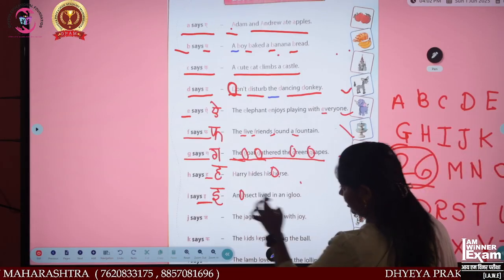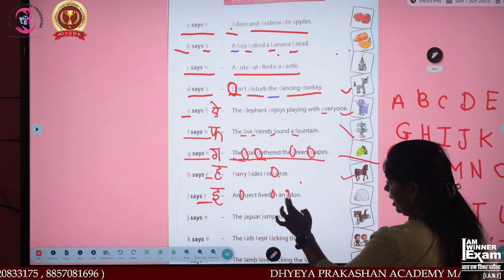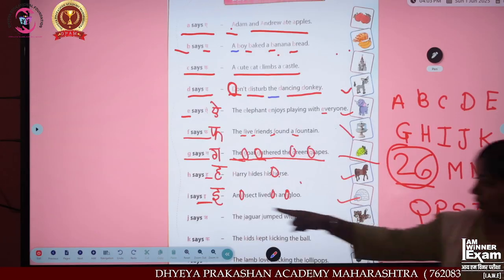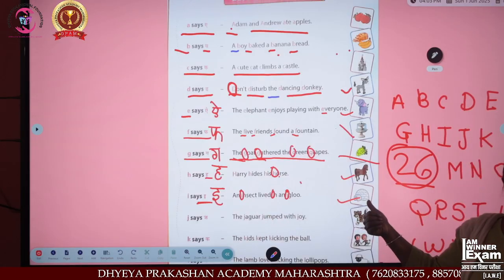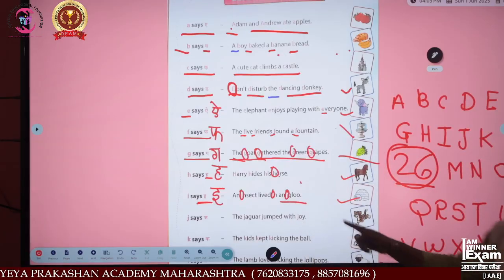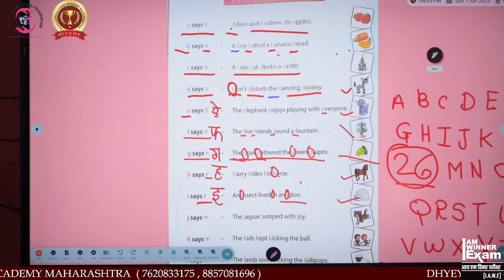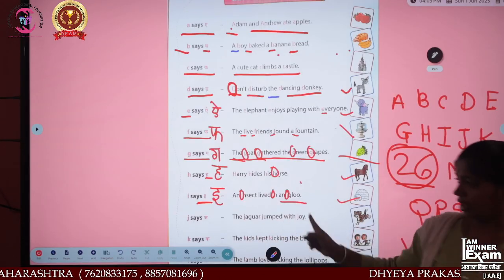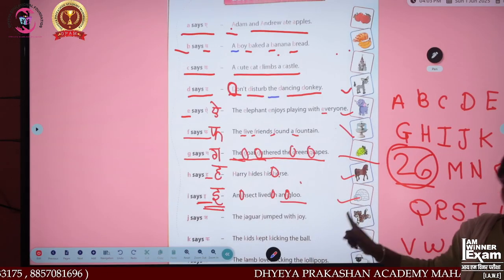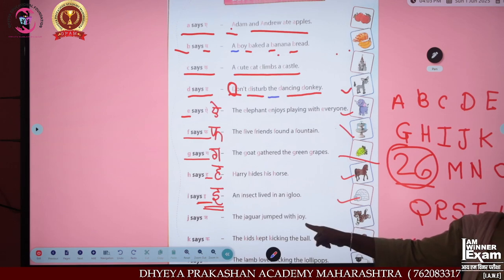An insect in an igloo. This picture is igloo. I says I. Igloo.